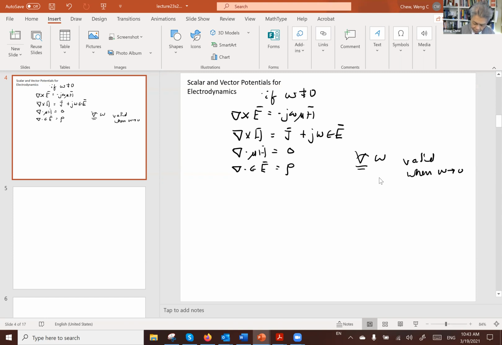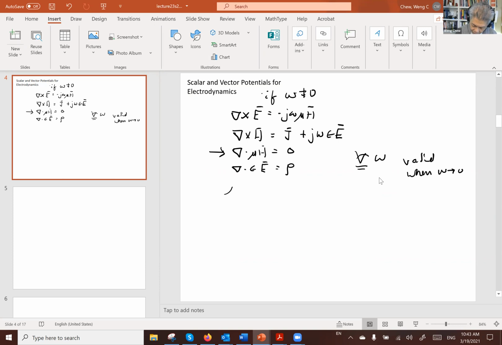So we look at the first equation, and we actually borrow something that we have learned in the past. We look at the third equation and find an immediate way to find something that would satisfy that.